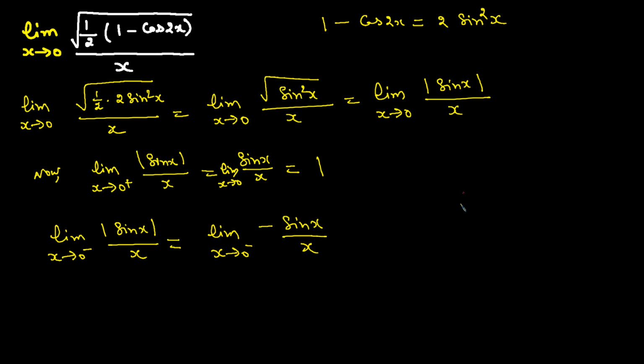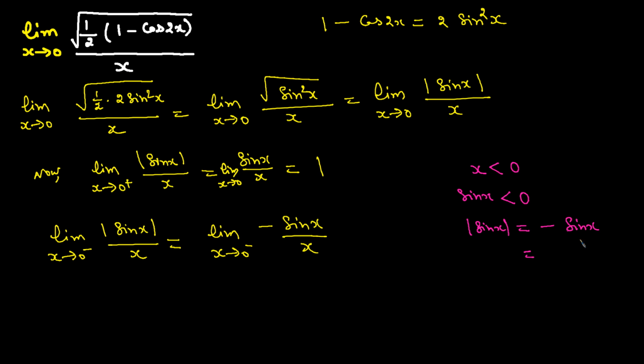As it's approaching from the left hand side, that means x is less than 0. Therefore, sine of x is less than 0. So that means the absolute value of sine x is going to be negative of sine x. You know why? Because sine x is negative, so we need to put an extra negative there.